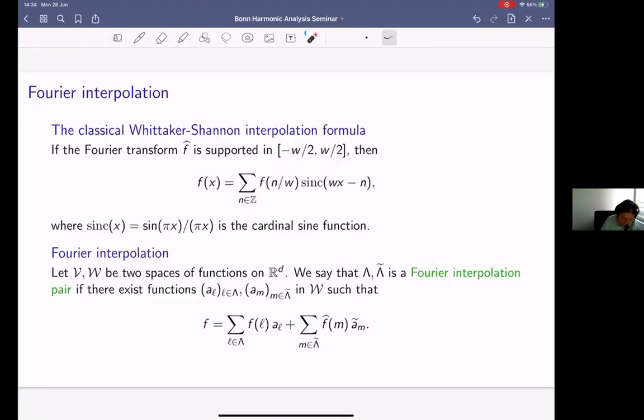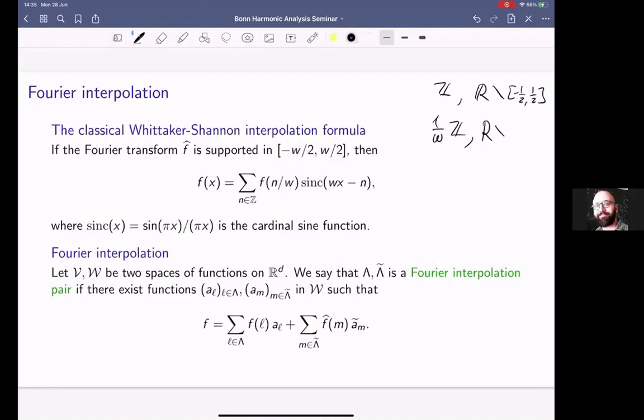And so instead of the pair Z, R minus 1/2, we can also consider the pair (1/w) times Z and R minus the interval minus w/2 to w/2.